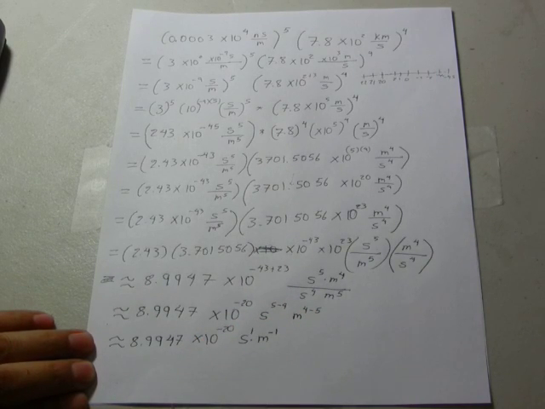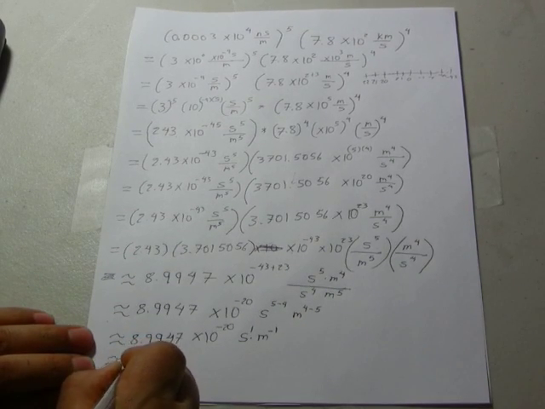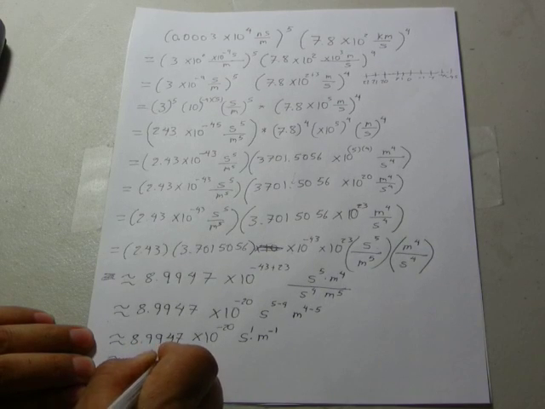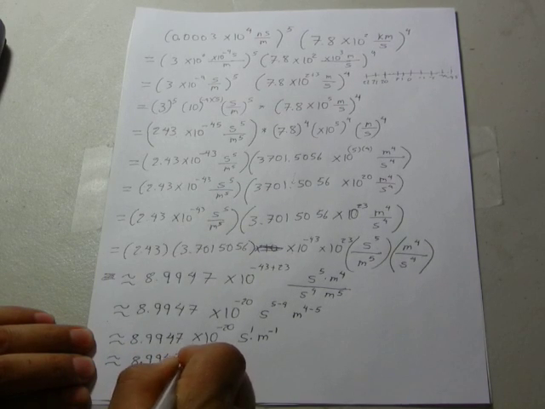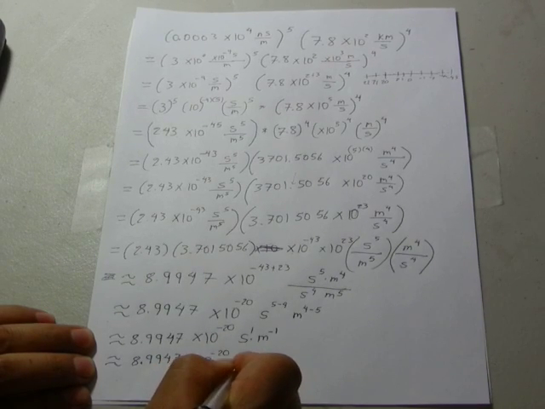We can express it like this, or we can express it like 8.9947 times 10 to the negative 20 seconds per meter.